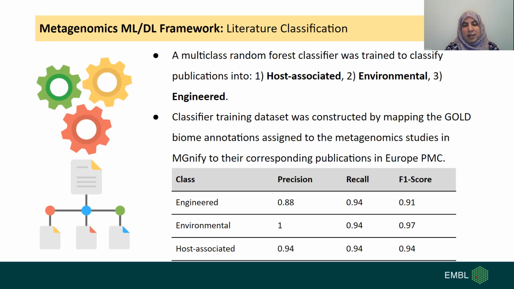This was my training data set. Then I used this training data set to train a multi-class random forest classifier to classify publications into host-associated, environmental, and engineered. As you can see, the metrics of the classifier were really good regarding precision, recall, and F-score.